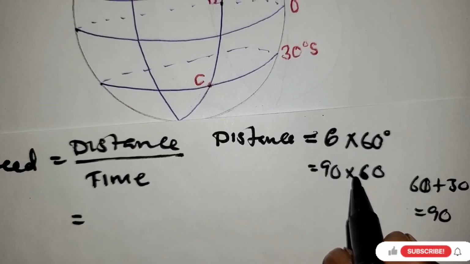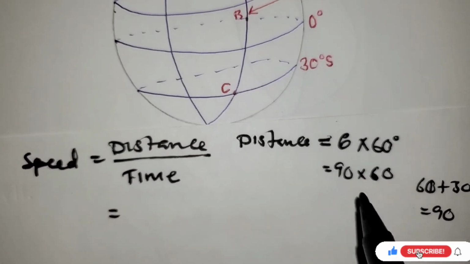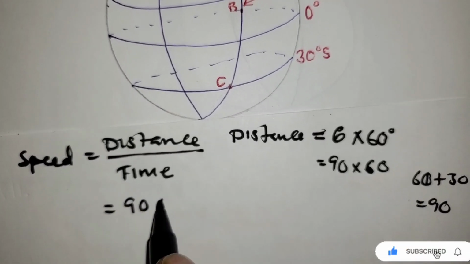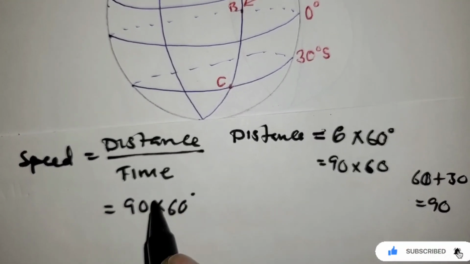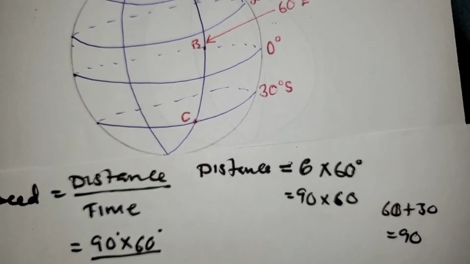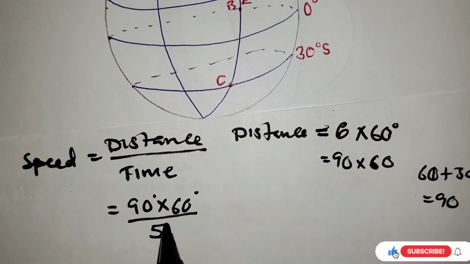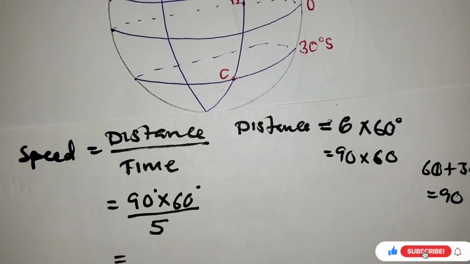It should be 5,400, something like that. But just substitute the way it is as 90 times 60 over time taken, which is 5 hours. So it is over 5, is equals to.